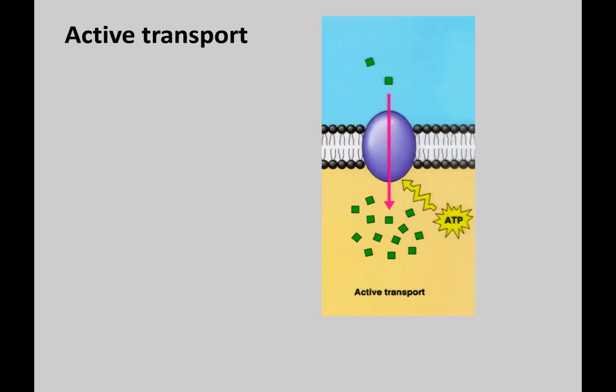Active transport is different. Active transport means it requires energy, ATP. It also requires some kind of transporter protein, so a carrier or transporter protein.